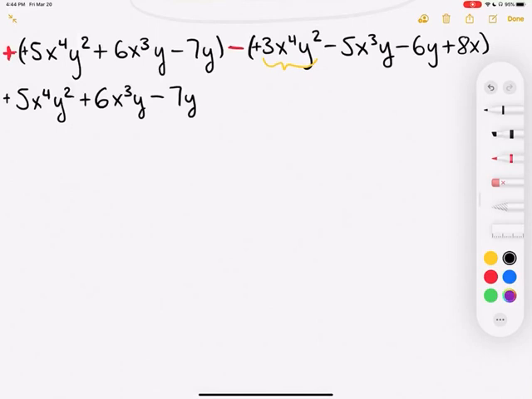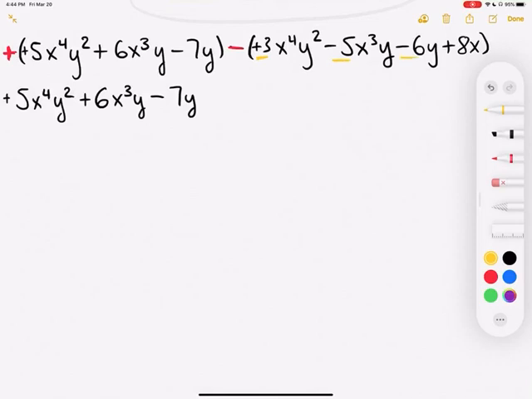That's a positive 3 inside the parentheses. The negative sign is outside the parentheses. That belongs to the whole parenthesis, not just the term. So this term, 3x to the power of 4y squared, has a positive sign in front of it. The second sign that we have in the second term is going to be negative 5.